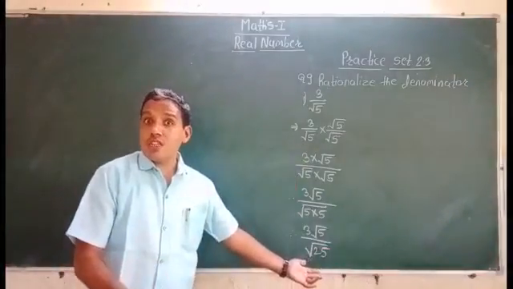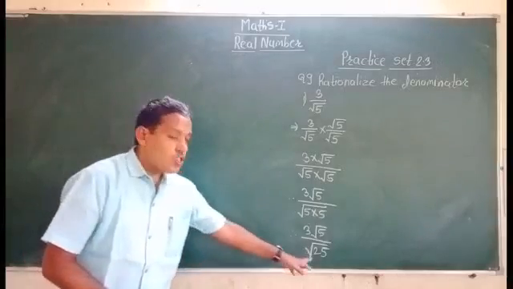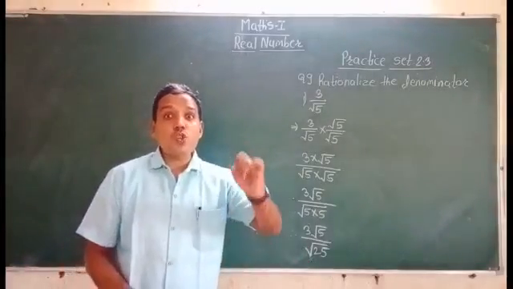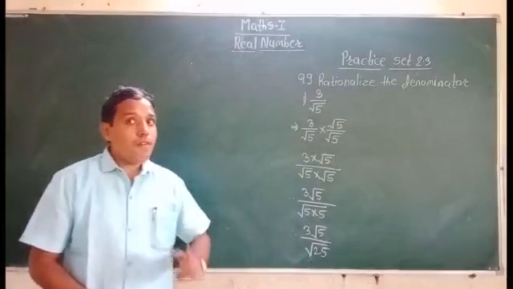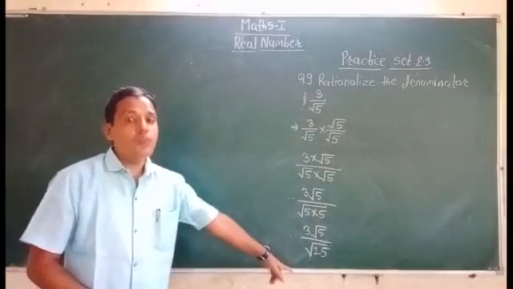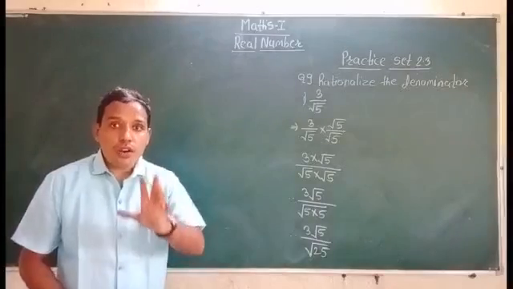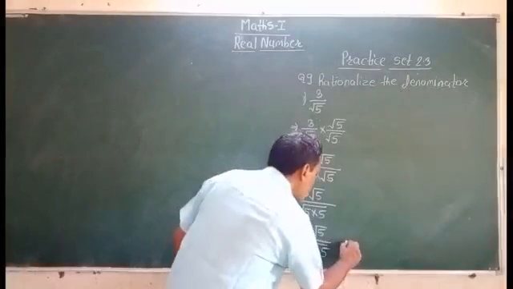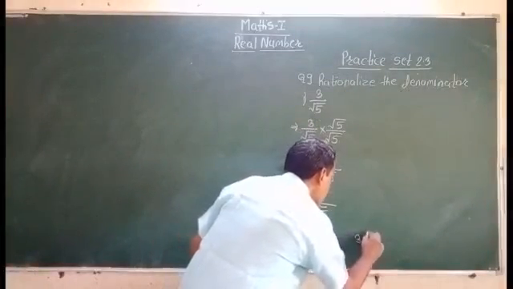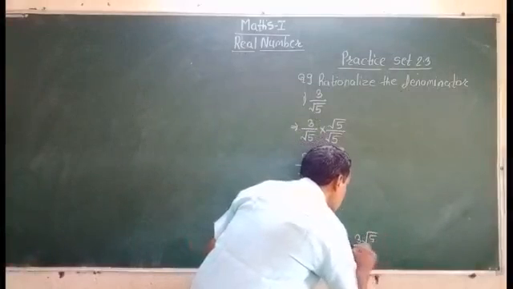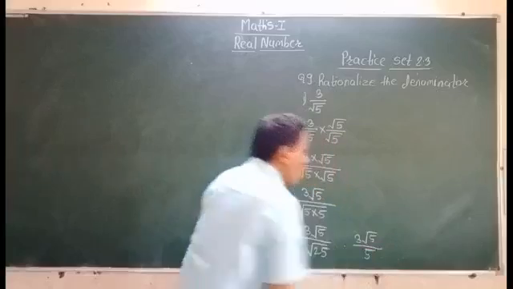Root 25, is it a surd? No, it is not a surd. Why? Because 25 is a perfect square number and we know the square root of 25 is 5. So therefore we write 3 root 5 upon 5.